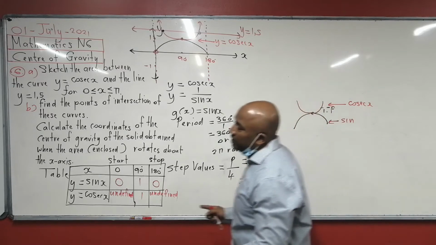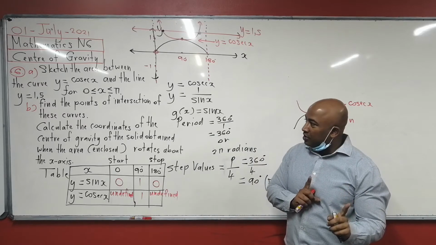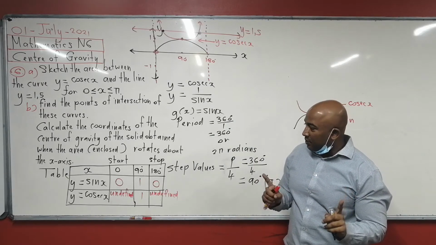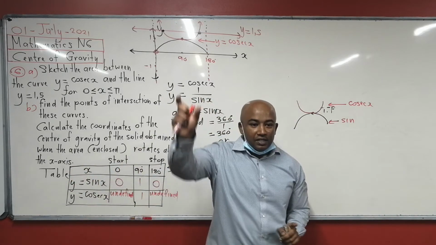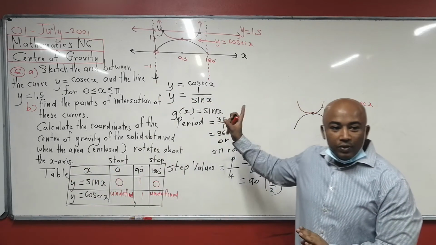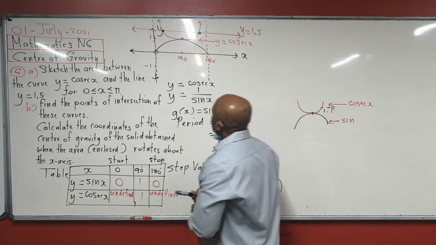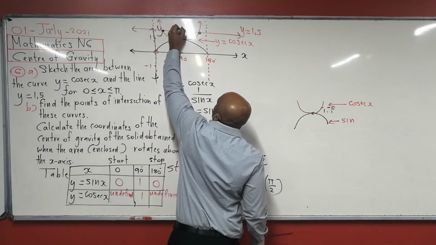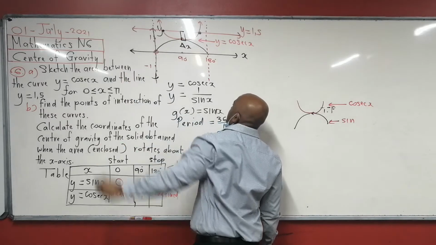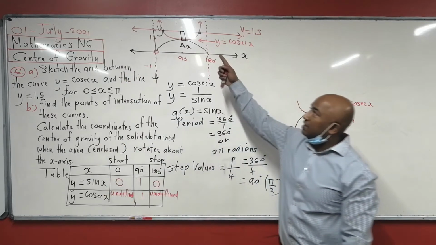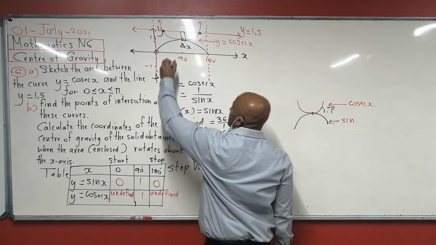Now, before we do that, let's draw our representative rectangle. So I told you that if you are rotating, which axis are we rotating about? You're rotating about the x-axis. It's best to use delta x, so we stick to the disk method. Right, so this is what I want to do here. I want to draw a representative rectangle with a breadth of delta x. This enclosed area is going to be rotating about the x-axis.